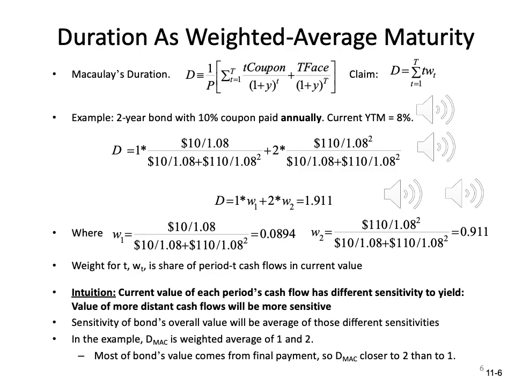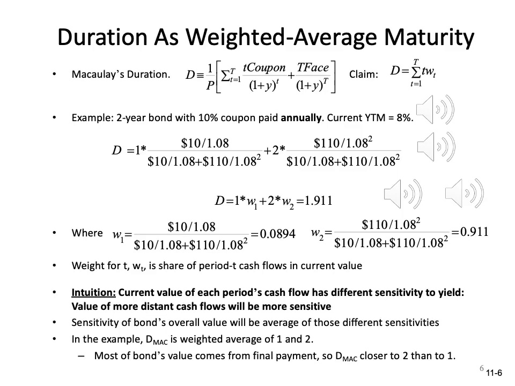As you can see, the weight 1, W1, is only 0.0894 because of the bond price. The first coupon payment, $10, is only a very small portion. So the weight you put in the first year is very low, while the weight you put on the second year, on the number 2, is very high because the face value payback accounts for a huge portion of the total bond price.